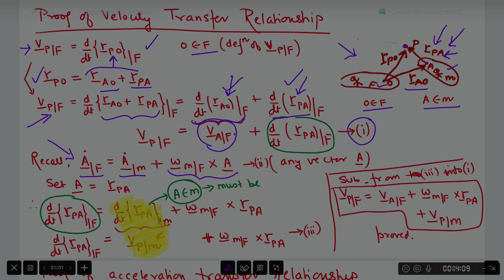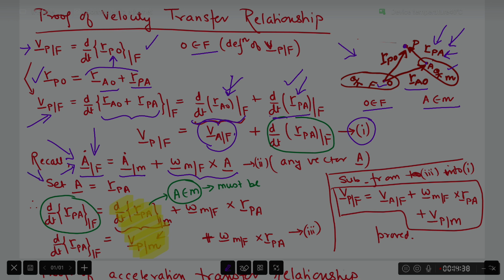Further, we also used the same relationship to derive a useful relationship between the angular accelerations of three different reference frames. Yet again, I am calling this relationship in the context of the velocity transfer relationship as well. This equation, as we know, is true for all vectors.